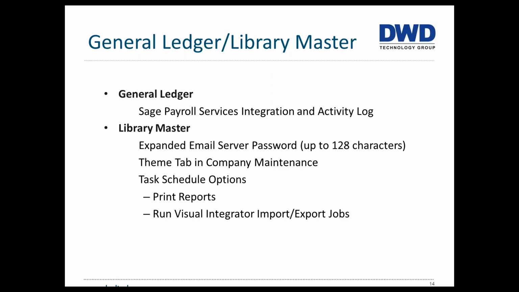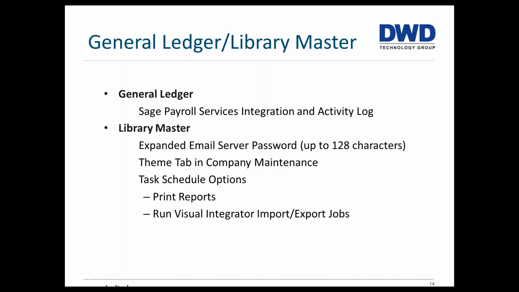We have what are called themes in company maintenance now, so we can set up different company codes to look even more different. For a few versions we have had the actual color coding on our companies, but now we can actually change up the look and feel of some of the buttons and the control characters.